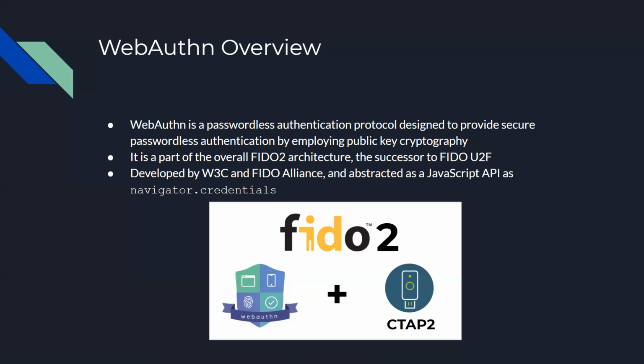And they implemented this using the FIDO U2F standard. Now, in this context, we will call it FIDO 1. And this served as a very robust framework for using security keys as a second factor authentication.